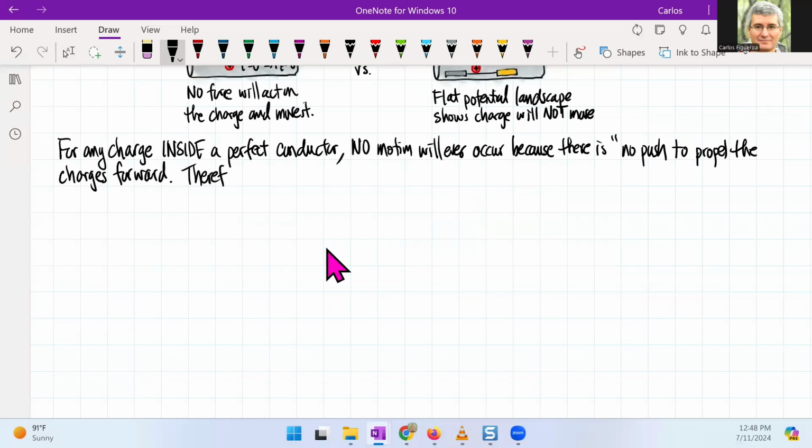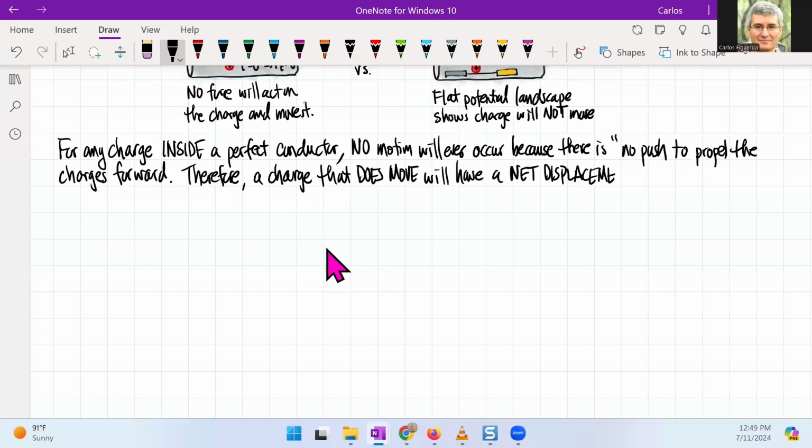Therefore, a charge that does move will have a net displacement of 0 and 0 current.